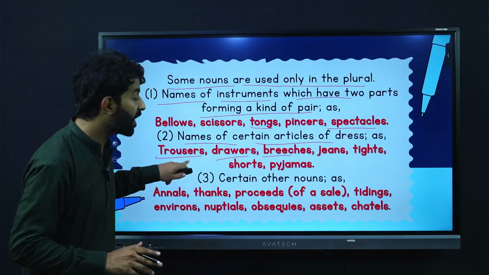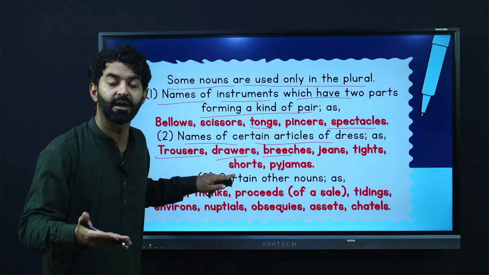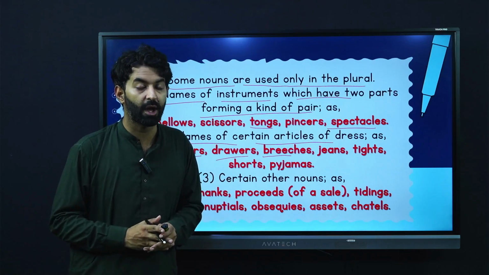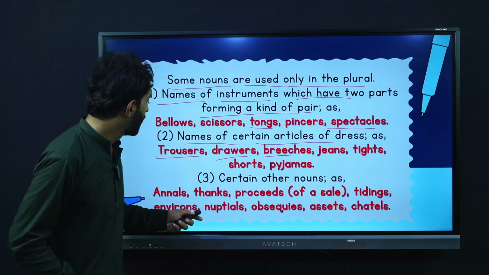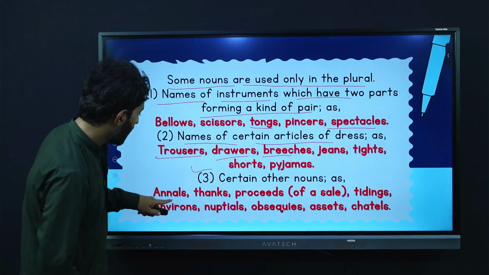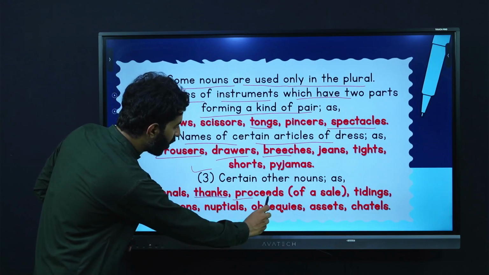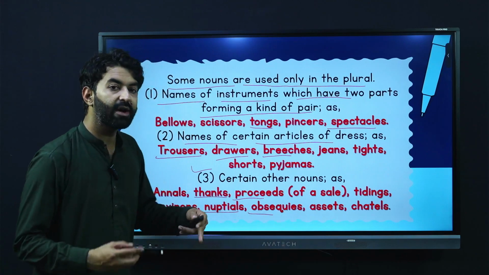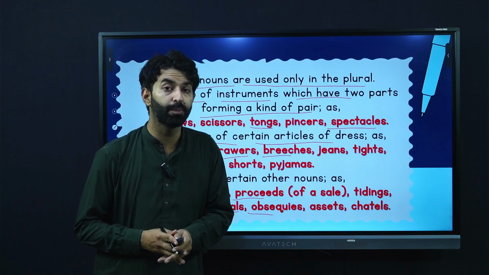You won't say trousers and then add es at the end. No. Trousers in itself is already a plural noun acting as a single noun. And certain nouns like annals, thanks, environs, nuptials are already in their plural form, so they don't need to be changed.